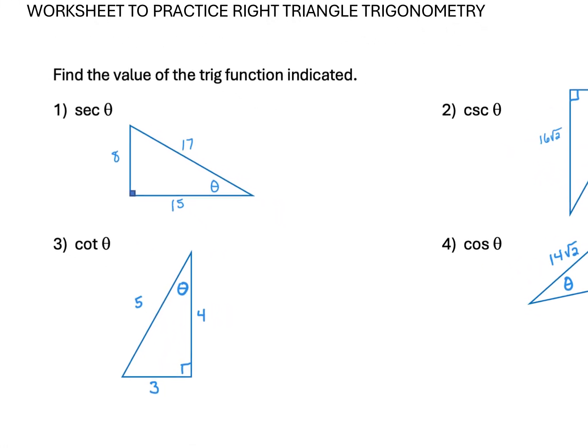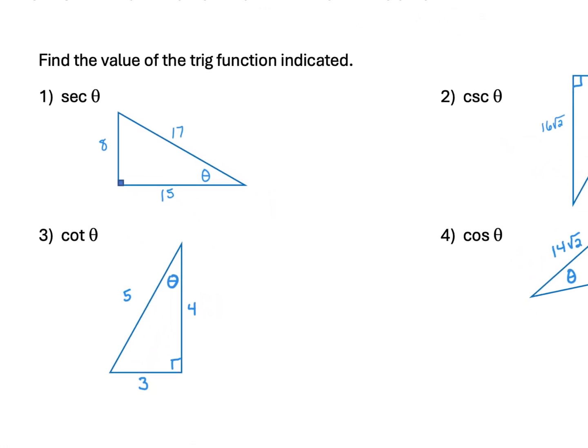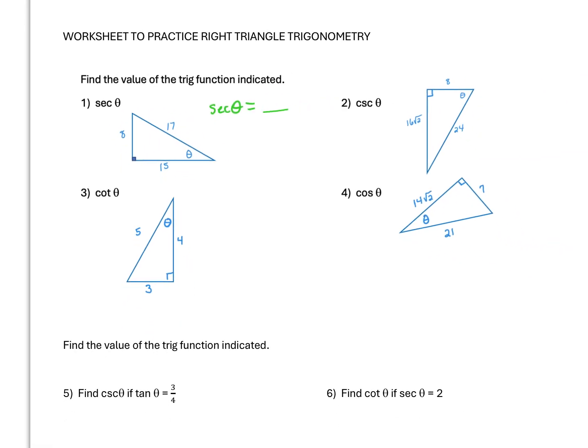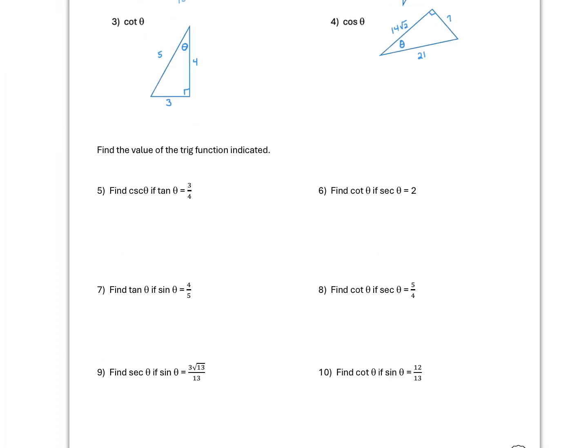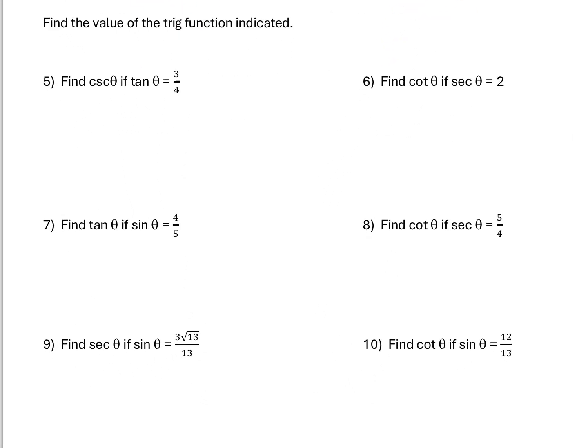So you're just writing the ratios on this top part. You're going to put secant of theta and then write whatever the ratio is. So you kind of need to think about what the reciprocal is first so you can figure that out. Notice down here, though, guys, you've got a two-step process. You're going to want to draw a triangle. Put your theta wherever you want to, and label that triangle with the information that you are given.